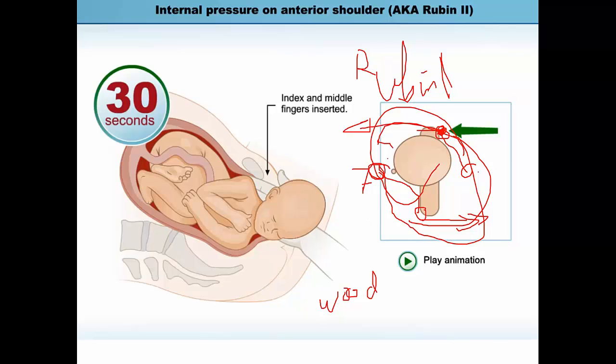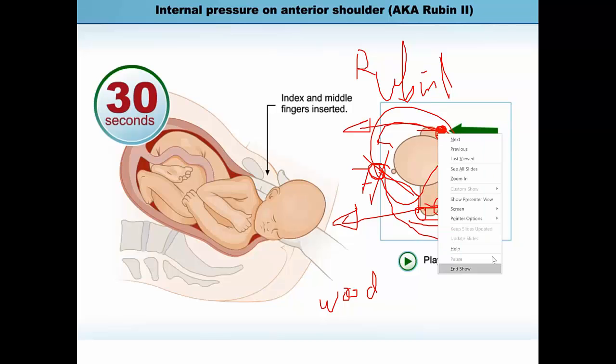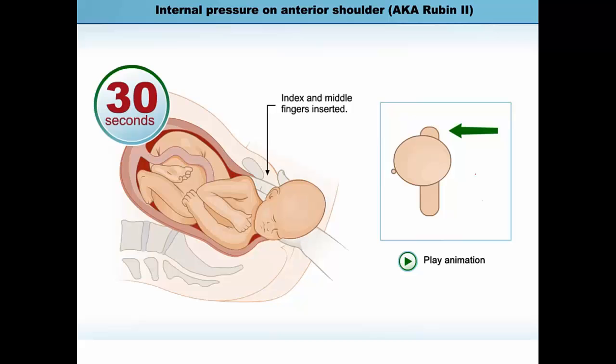If failed, you should remove your left hand, and the right hand in Rubin 2 here, pass through the back to reach the posterior aspect of the posterior shoulder, and then rotate the shoulder. This is the reverse wood screw. Is it clear?